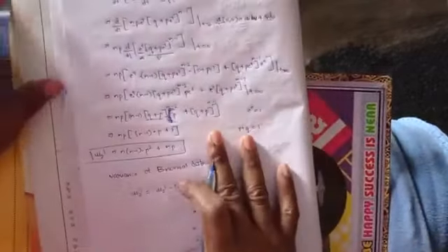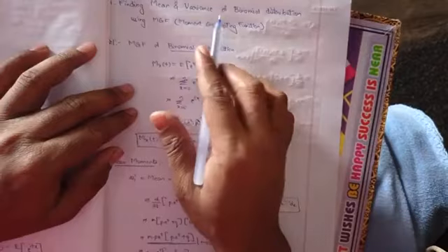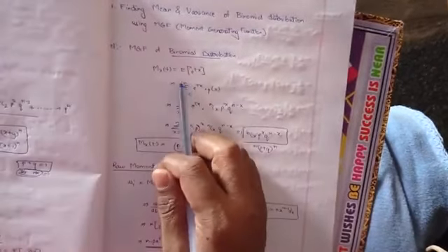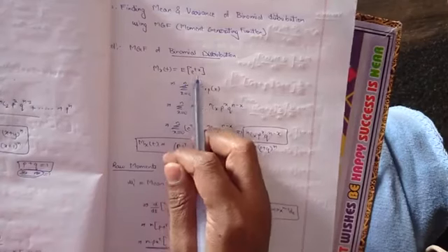So this is where MGF is used to derive the binomial mean and variance. What have we discussed so far? We have discussed the binomial distribution using the MGF, the moment generating function. The moment generating function is nothing but the expected value of e power t x.